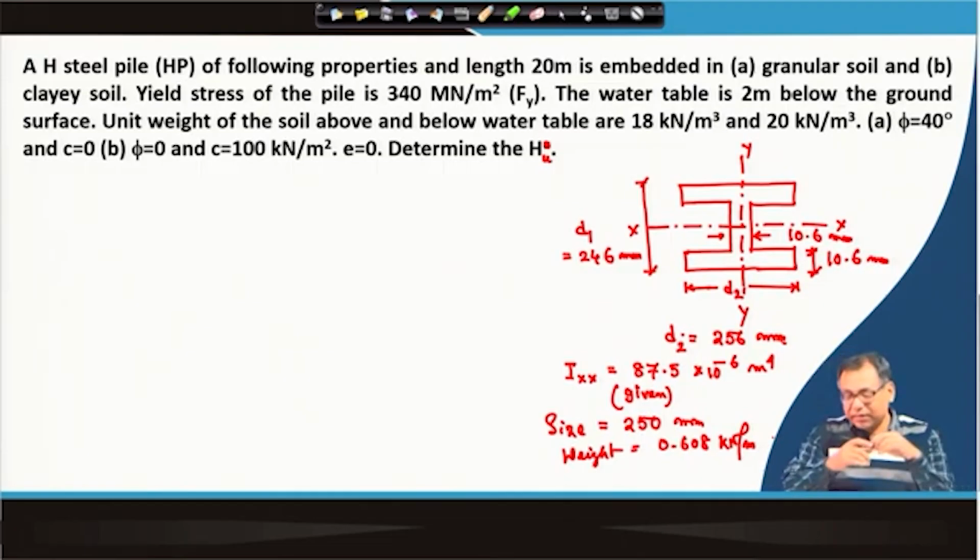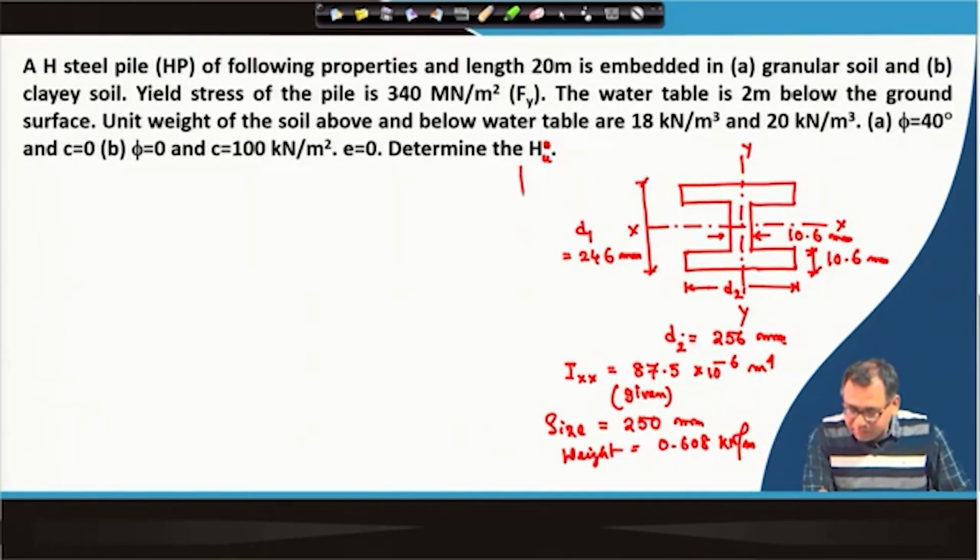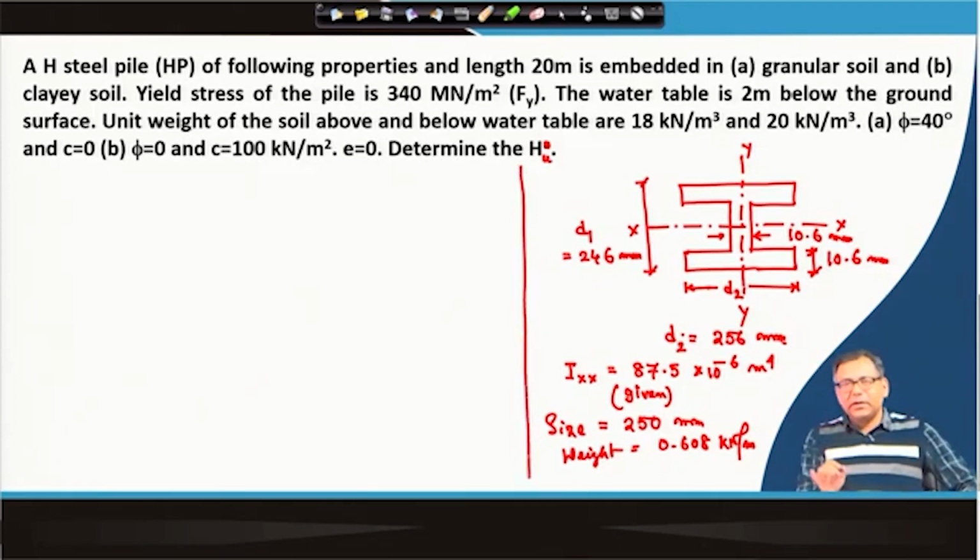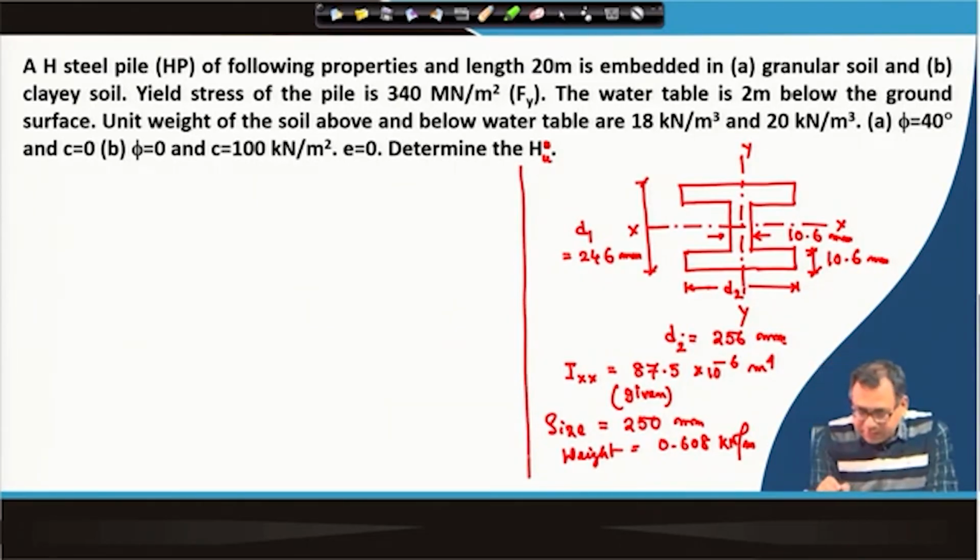Now, we have to determine the HU, the ultimate lateral load this pile can take. This is the section and these are its details, and in the question the soil properties are given. So, all the values are given. Now, we have to calculate the values that we are asked to determine.